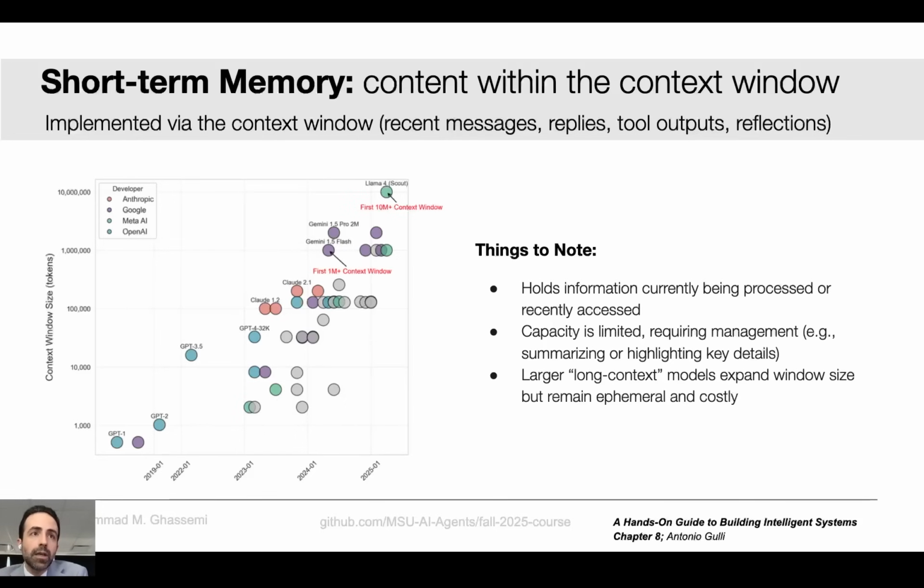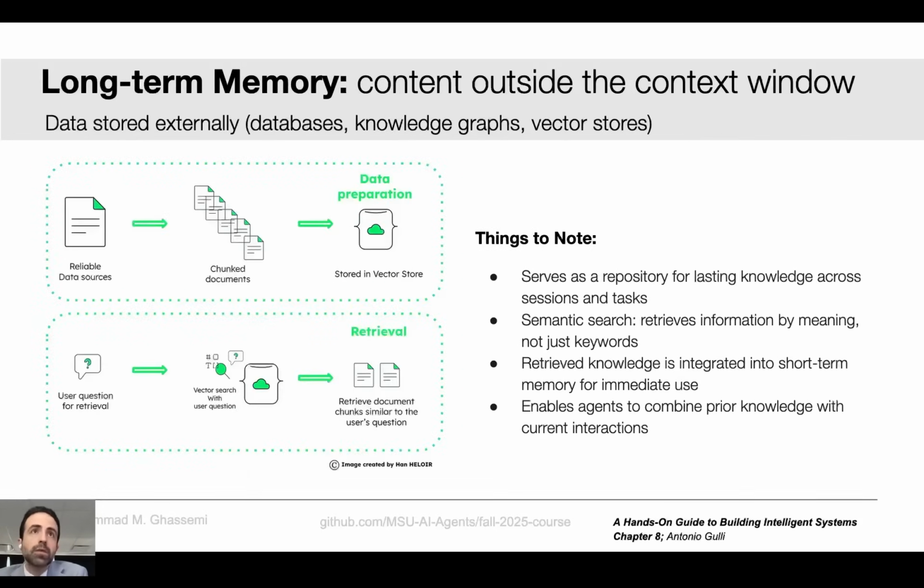And so this reality of short-term memory is what motivates the design of long-term memory systems, which is the storage of content outside of the LLM's context window that is fed strategically into the context window just in time for the inference.